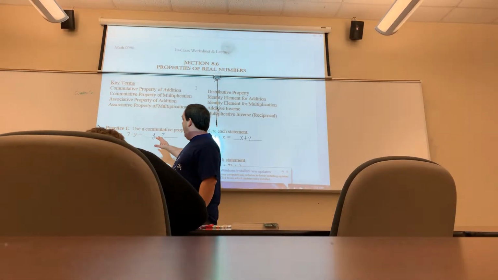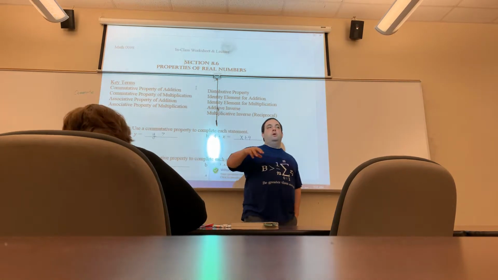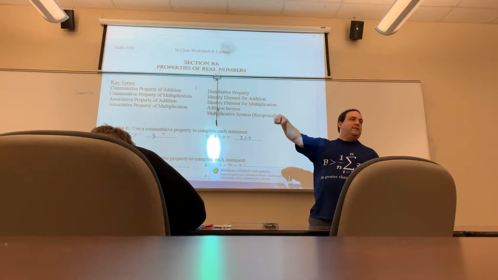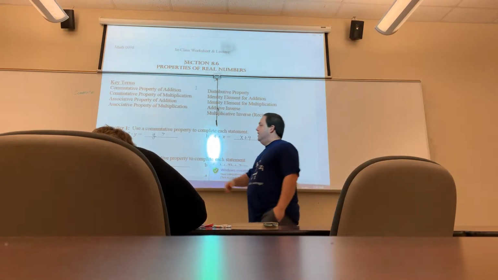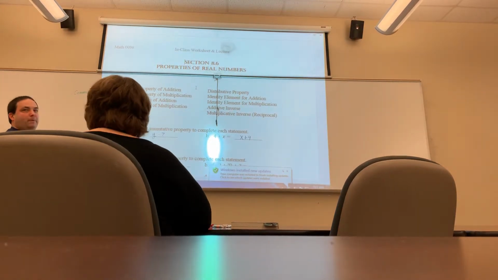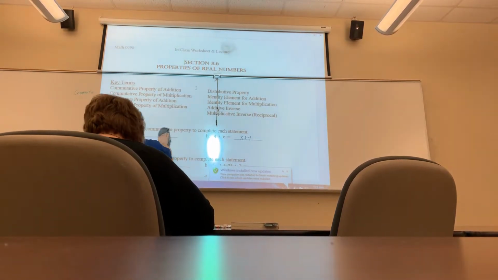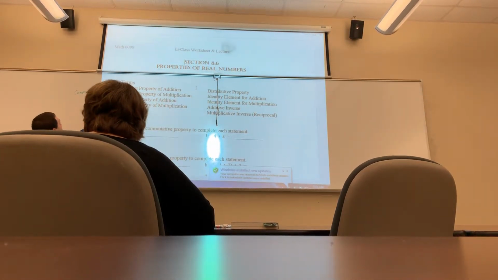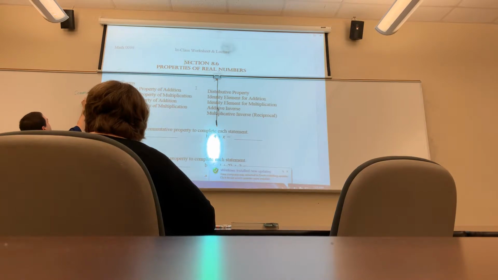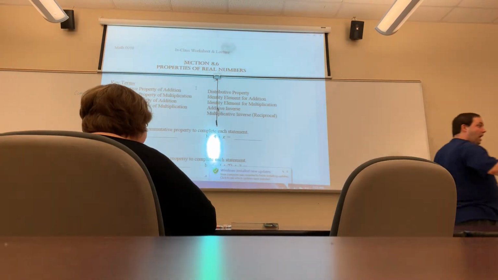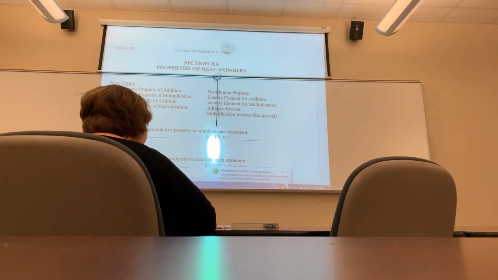It's about doing something in a different order, but without switching the physical present order. The associative property is about moving grouping symbols. To associate is all about grouping. So a lot of times it's moving parentheses, not moving the actual objects themselves.